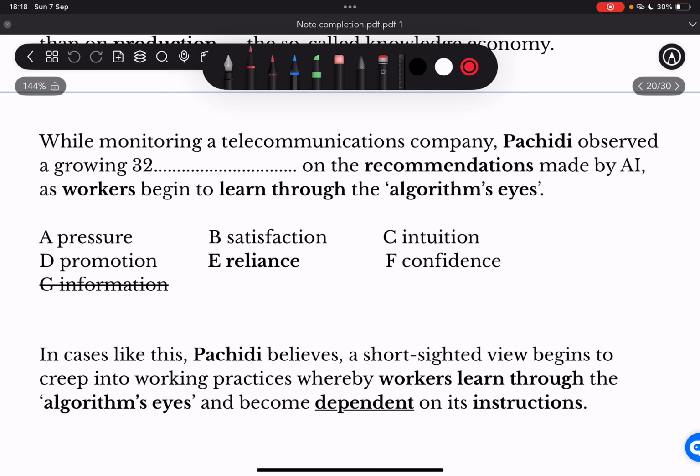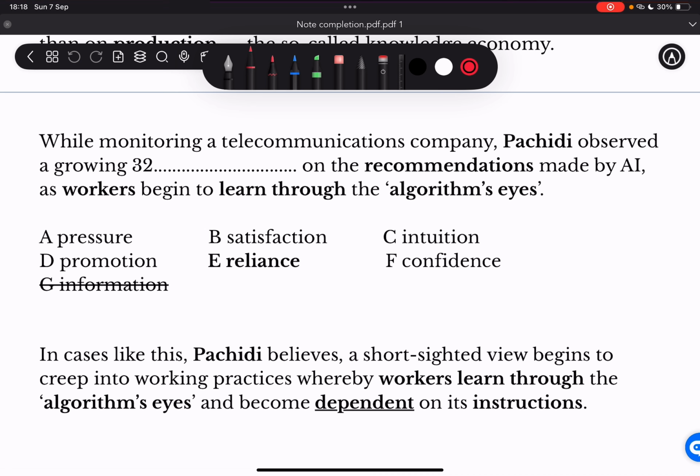And next, we've got: while monitoring a telecommunications company, Pacini observed a growing on the recommendations made by AI as workers begin to learn through the algorithm's eyes. Algorithm's eyes, workers learn through, those are similar words. And then we've got the word instructions, which is a paraphrase of recommendations in our question.